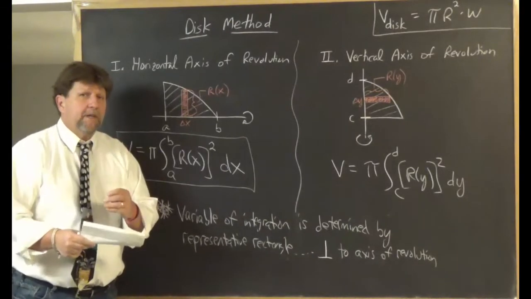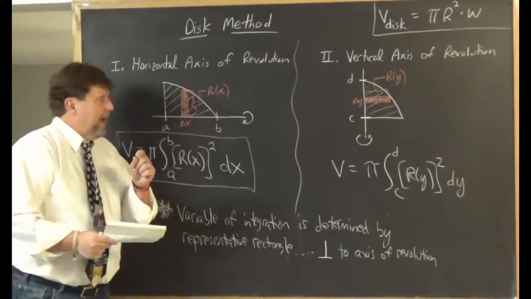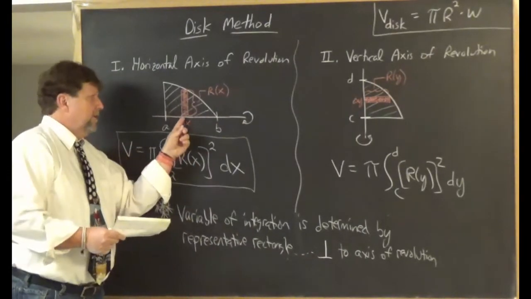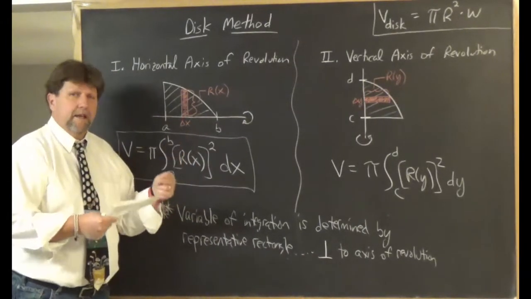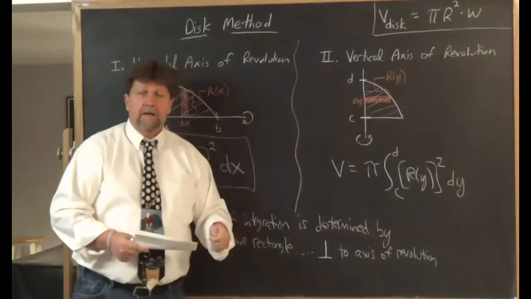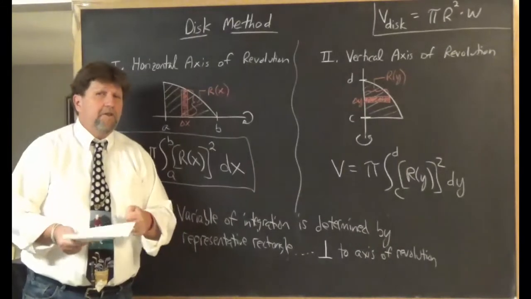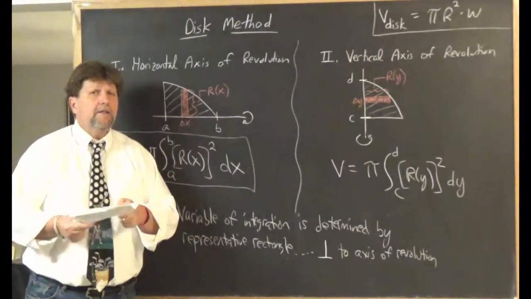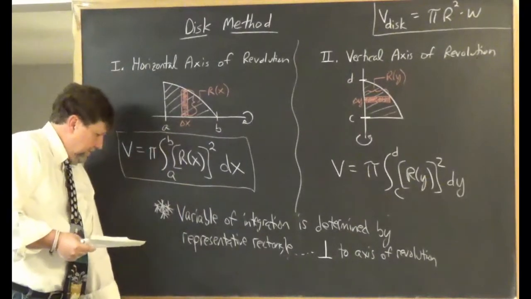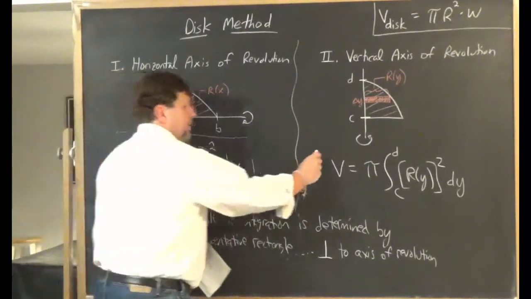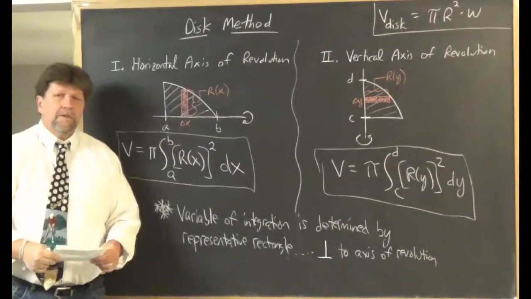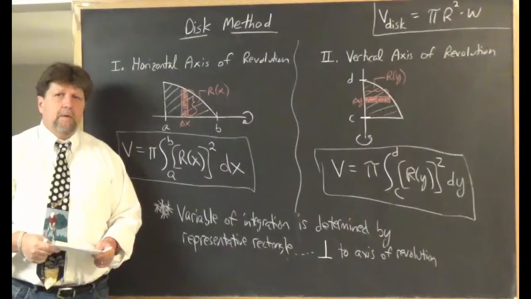Not only is the representative rectangle, in the disk method, perpendicular to the axis of revolution, but notice that it's touching or resting on the axis of revolution, here as well as here. That's a distinguishing feature to tell us we're going to use the disk method. So there it is, there's your disk method. Now let's head back to the slides and see what is next.